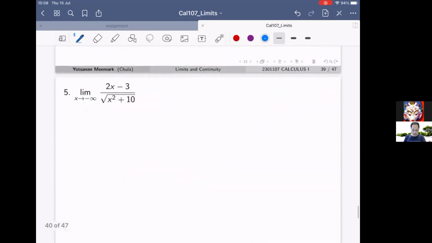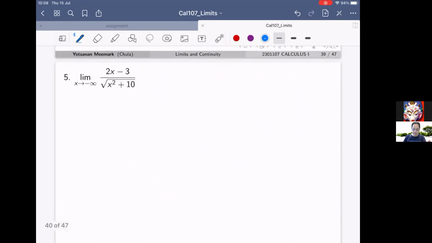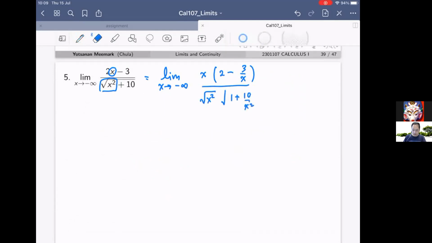So how about this one? Okay, this one is something that you really need to be careful about. It seems that on top, the thing that is largest is x to the power 1. On the bottom, even though you see a square, you have a square root. So it means that on your top you can pull out the x, and on the bottom you can pull out the square root of x squared, so that you got this one.